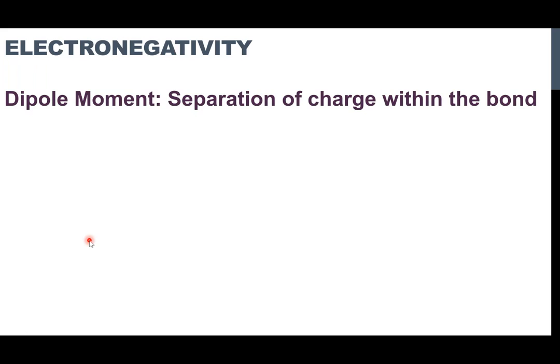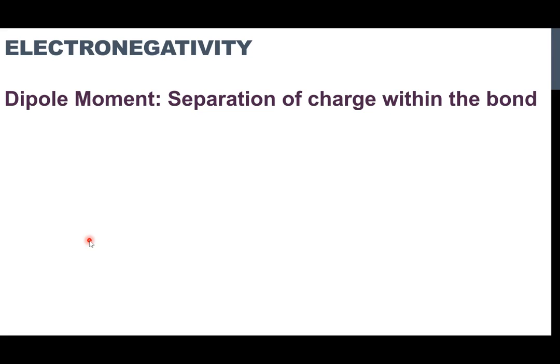All right, so what we are looking at are bonds, right? We've been talking all about covalent bonds, the sharing of electrons. So how do we get this separation of charge that causes us to react to an electrical current within a bond where we're sharing electrons?